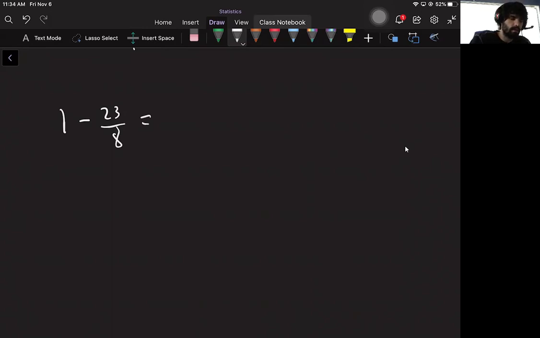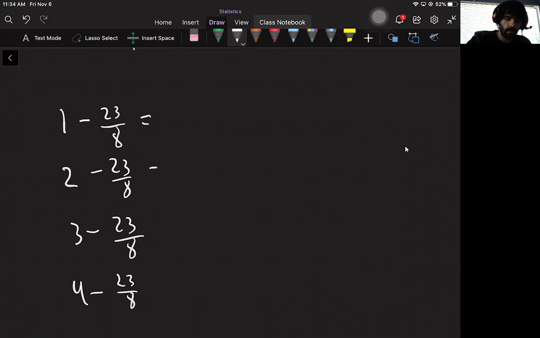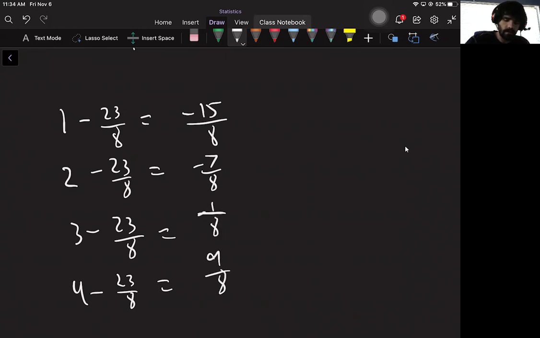So it's going to be doing this. So if you just calculate these fractions, you get negative 15/8, negative 7/8, 1/8, and 9/8.